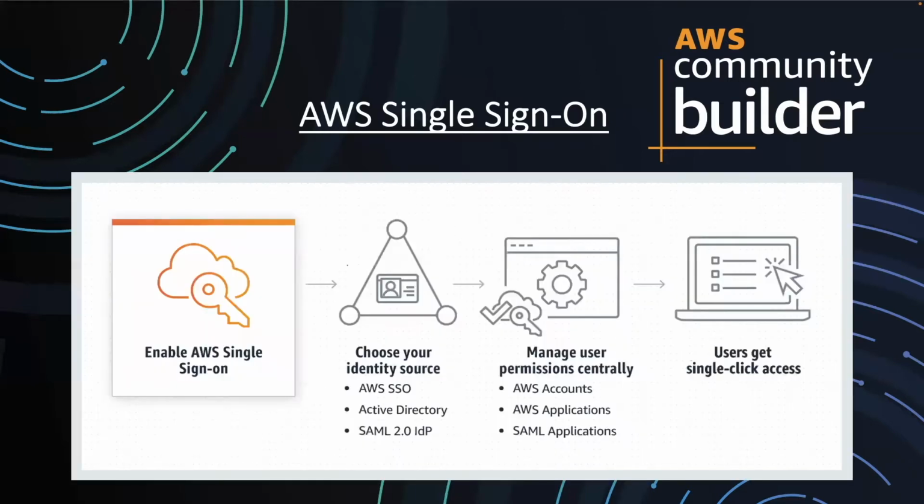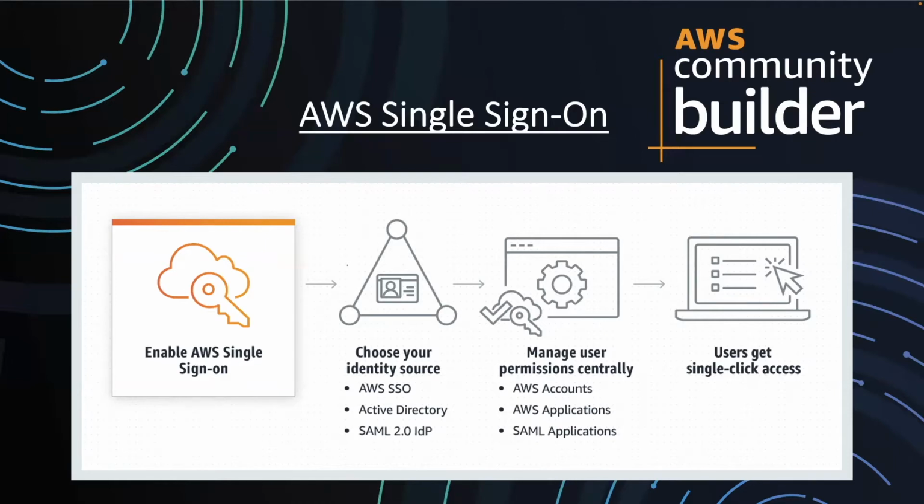Now we will see exactly how Single Sign-On works and how we implement it on top of AWS. For this, we just have to enable AWS Single Sign-On in any of the AWS regions, say US Northern Virginia. Once you enable AWS Single Sign-On, you choose your identity source, be it AWS Single Sign-On itself, which should be pre-configured for you.